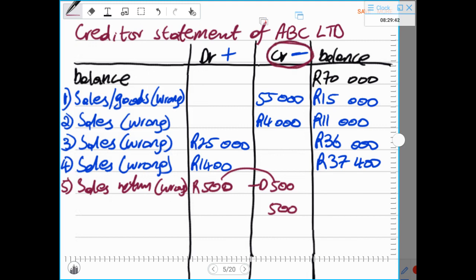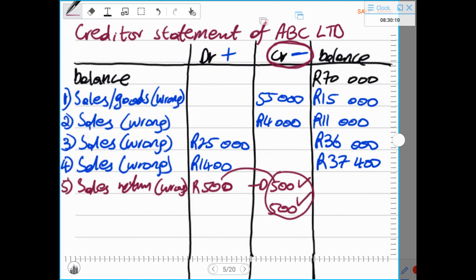Remember, from the viewpoint of the supplier, we are a debtor because they are selling inventory to us. So now if we return inventory back to them, their debtors will decrease on the credit side. But we are treating them as suppliers, meaning as creditors whom we buy inventory on credit from. So now their credit is our debit.